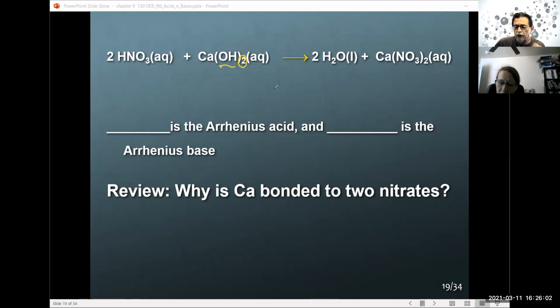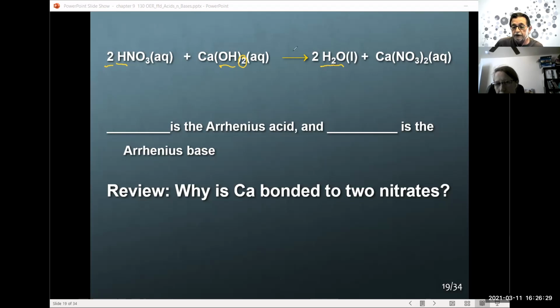So if I have two hydroxides, doesn't it stand to reason that I need two protons? And that is why I got a 2 in front of here, because each nitric acid has 1 proton. And I need 2 of them to neutralize the 2 hydroxides of the calcium hydroxide. Hence, I make, guess what? I make 2 waters, H2Os.